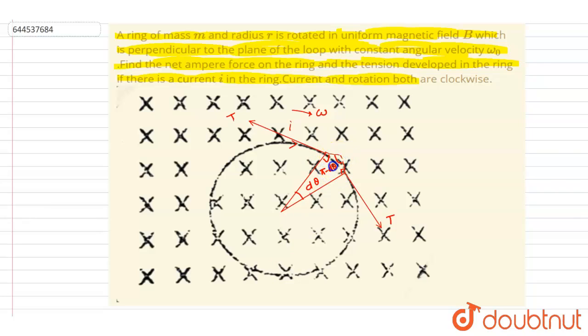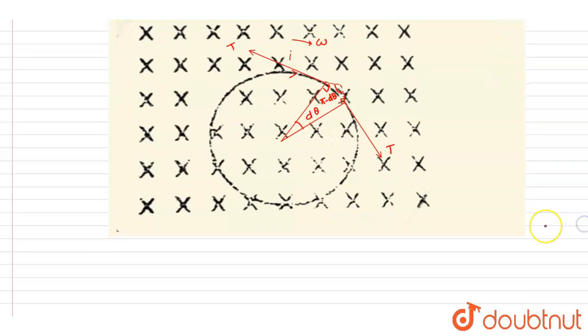So there are two vectors of equal magnitude T, and the angle between them is pi minus d theta.